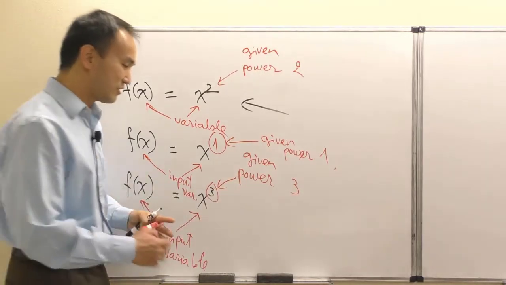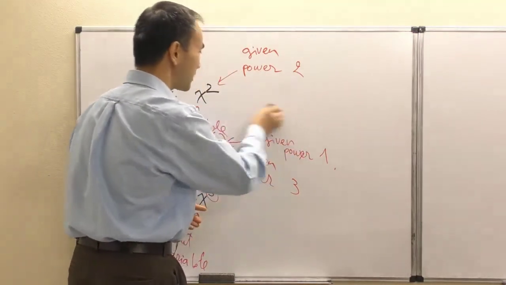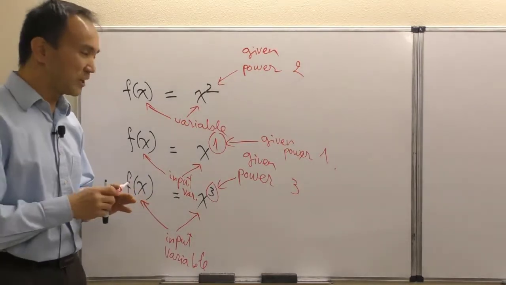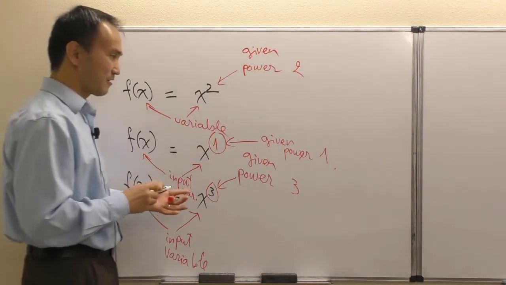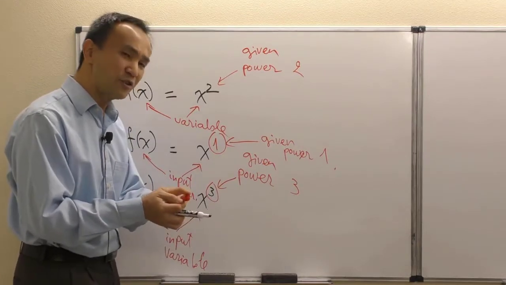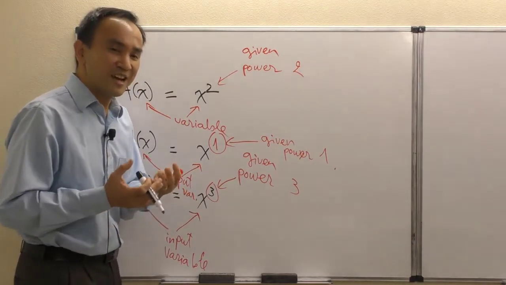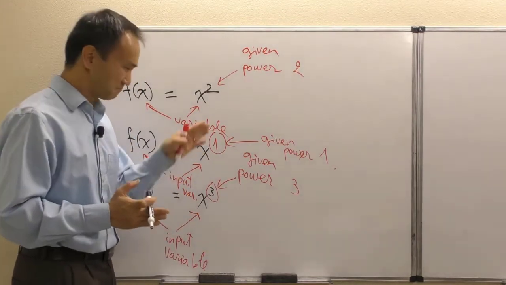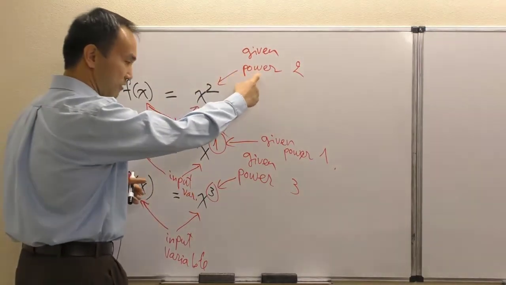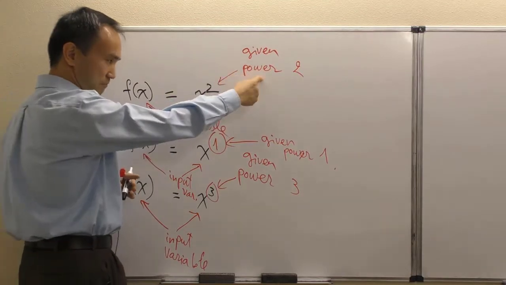So now, after carefully investigating the three functions that I put together, we draw out a general conclusion. We draw out that general characteristic among these three functions. What they all have is a given power. In this function, it's a given power 2.